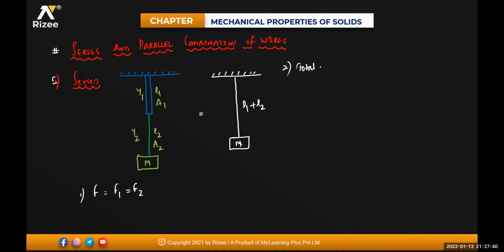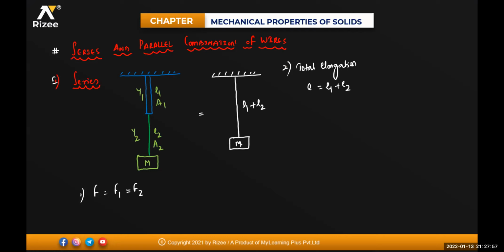As the wires are different, the total elongation E will be E1 plus E2, because their areas are different, so the elongations will obviously be different. You know how to write the elongation formula.